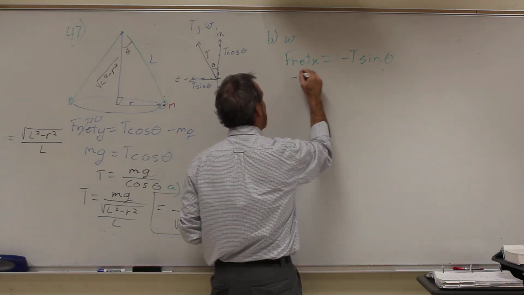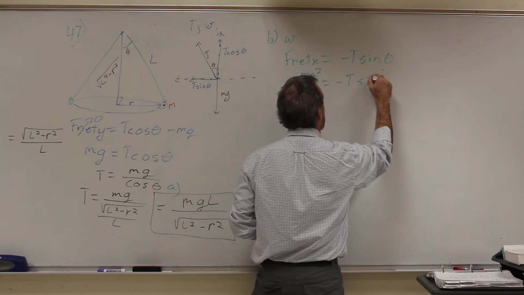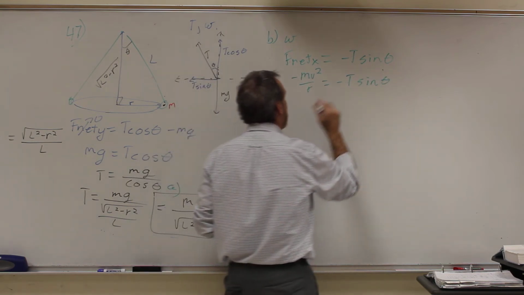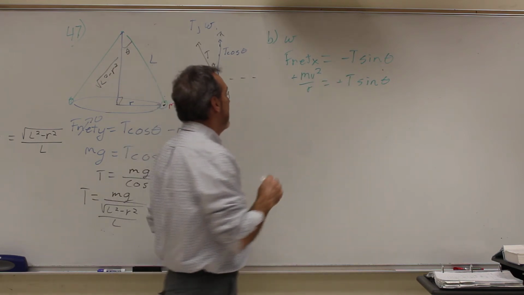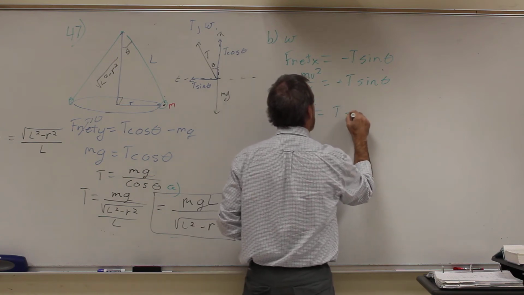So this becomes minus mv squared over r is equal to minus T sine theta. Okay. And so the negatives go away. We can multiply by -1 both sides. And this becomes mv squared over r is equal to T sine theta.